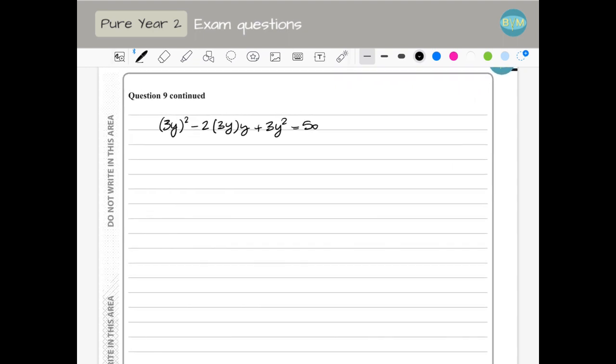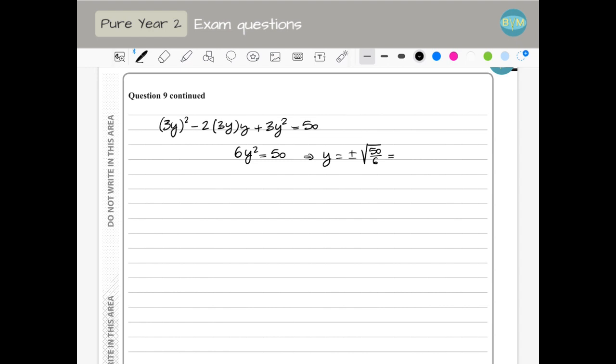I'm going to find the two values of y, and I can find the two values of x, or just one, because I really just need one. So I have 9y squared minus 6y squared is 3y squared, plus 3y squared is 6y squared equals 50, which means y is going to be plus and minus root 50 divided by 6.